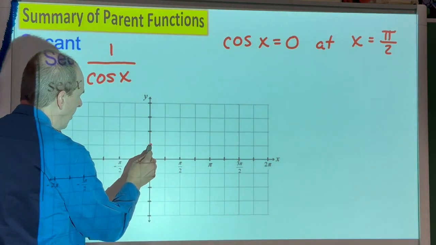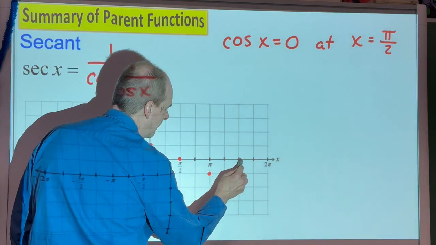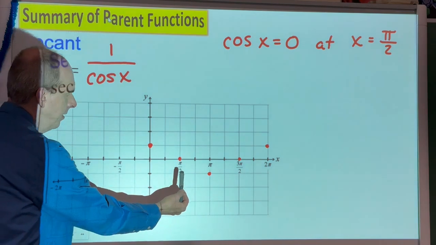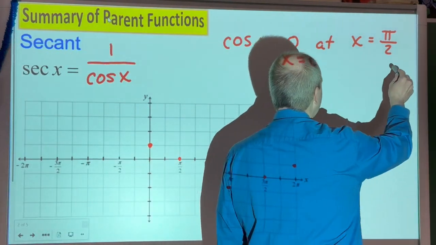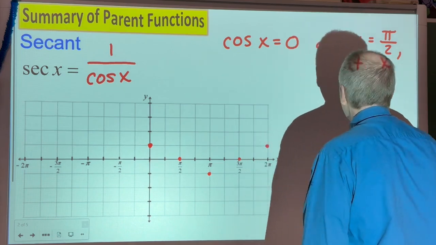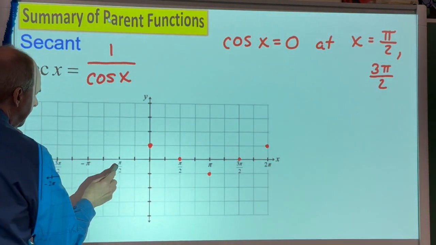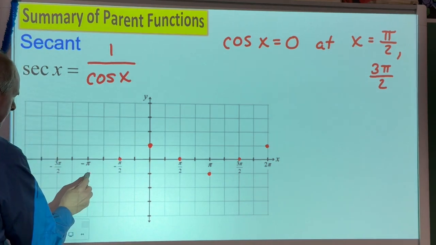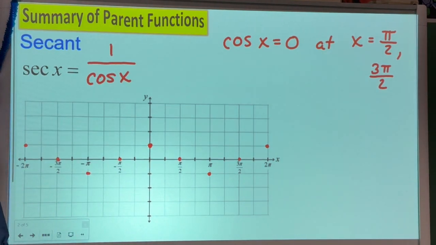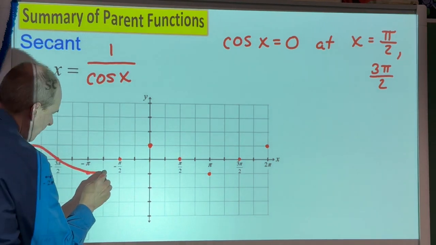We start at 1, we go to 0, we go to -1, we go to 0, we go back to 1 at 2 pi. So I can see I'm 0 at pi over 2 and 3 pi over 2 and so on. Going to the left, I would be back down to 0, -1, 0, and +1. So here's my graph of cosine.